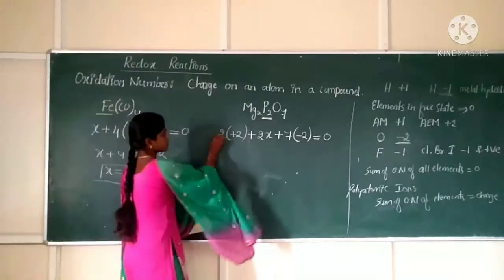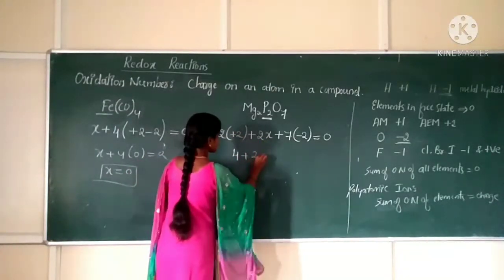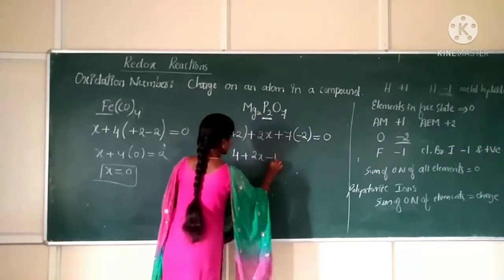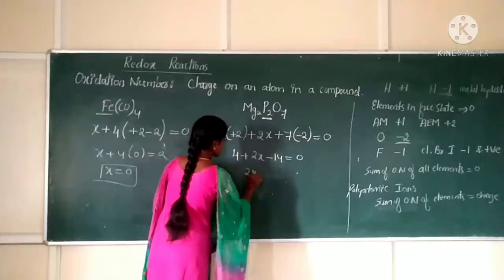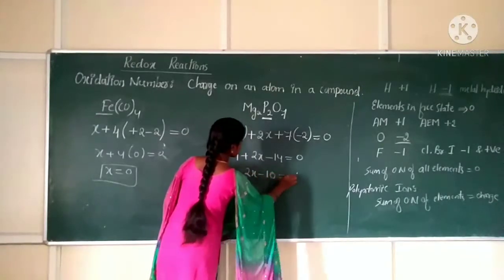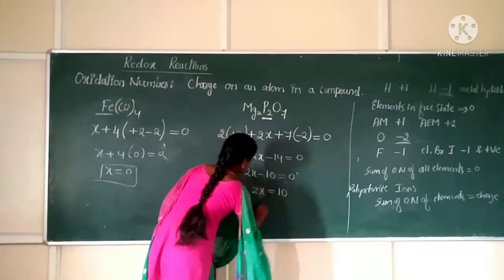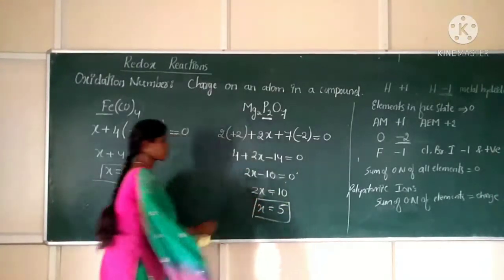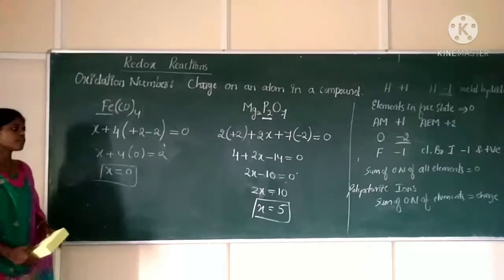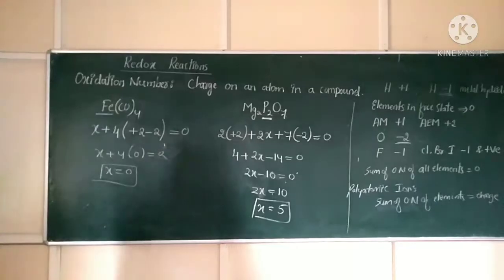Now simplify: 4 + 2X - 14 = 0. 2X - 10 = 0, 2X = 10, X = 5. So the oxidation state of phosphorus here is +5. Next example.